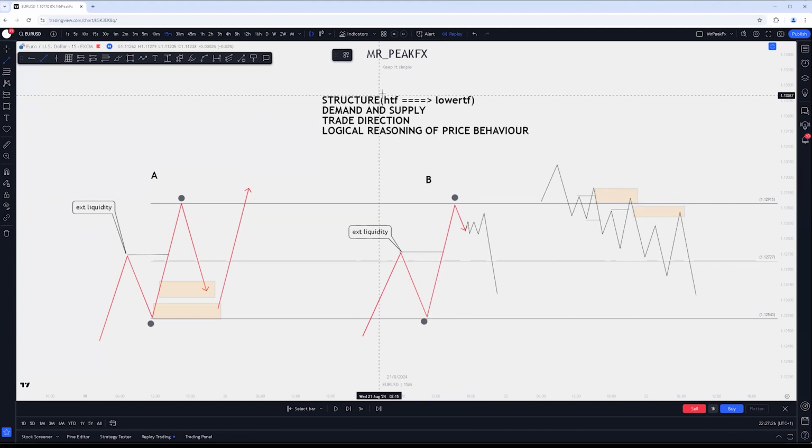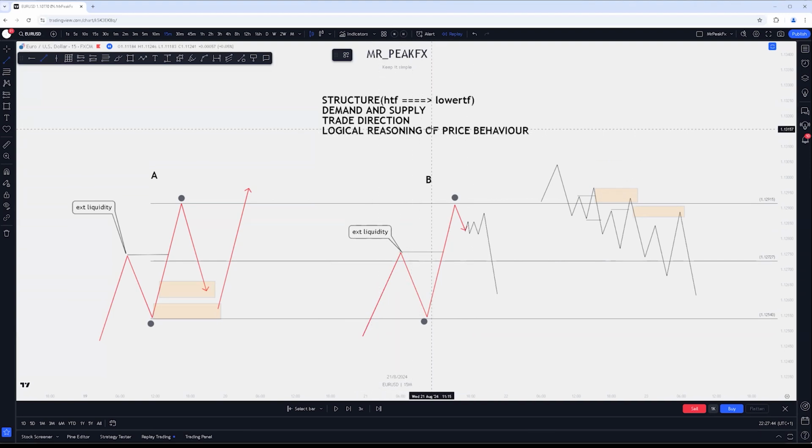Structure and liquidity, demand and supply, trade direction. Are we trying to trade a reversal, or are we trading in the direction of a certain trend? All right. Also, I said your logical reasoning of price behavior needs to be intact.